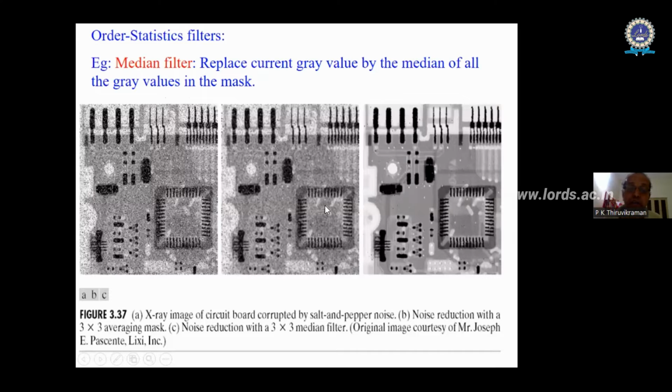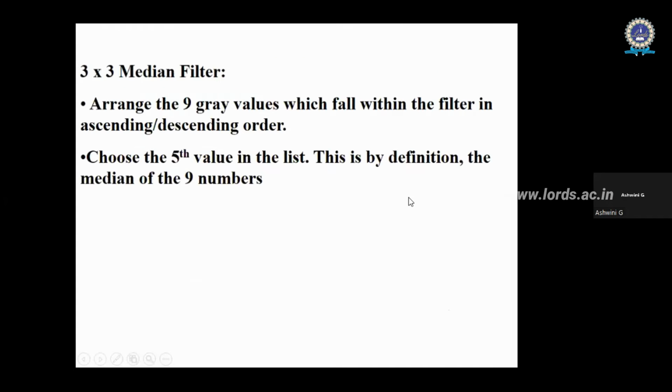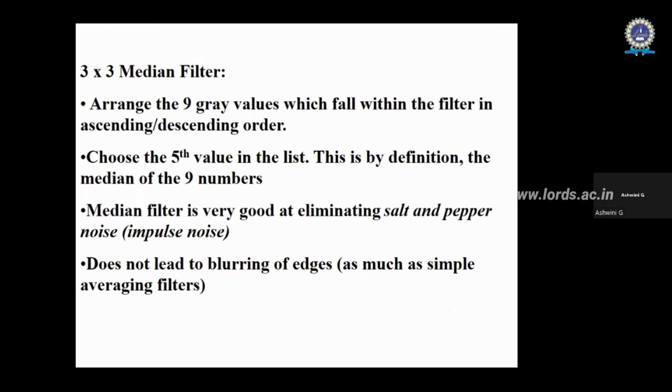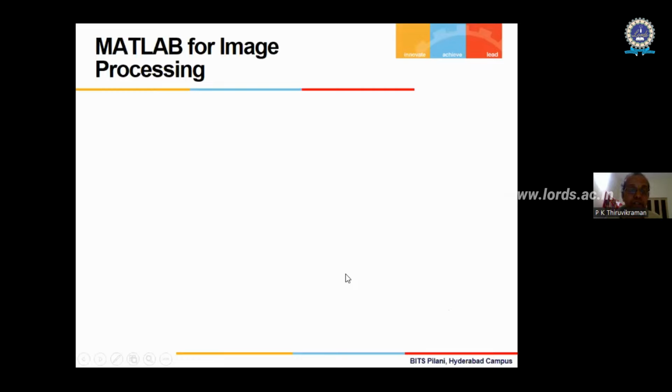Whereas in the middle image, the edges are blurred. It's not a very sharp image. That's because you are doing averaging in the middle image. In the last image, you are doing median. So the advantage of median filters is that they do not lead to blurring of edges as much as simple averaging filters.